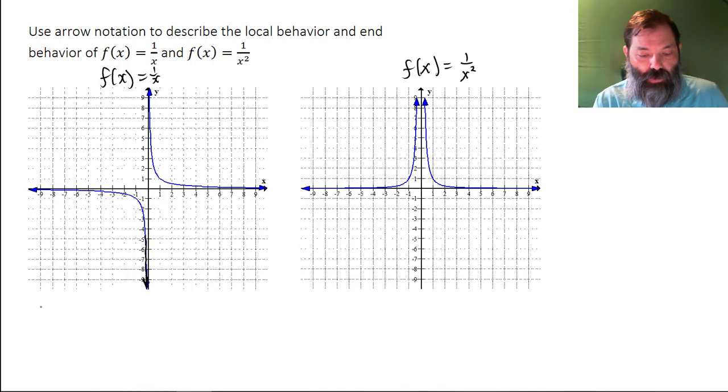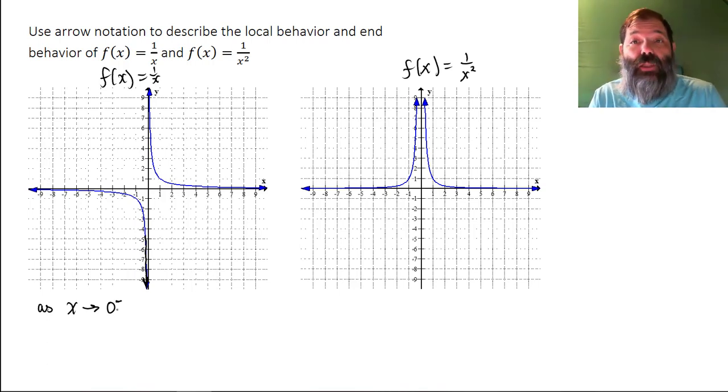For this function, we can say as x approaches 0 on the left, so we put that little negative where we would normally put an exponent, from the left, from the negative side, from the lesser side of 0, the function f of x is approaching negative infinity. The function decreases without bound.